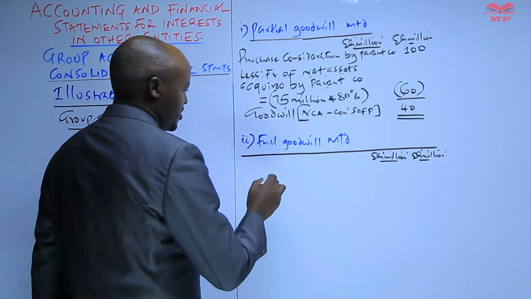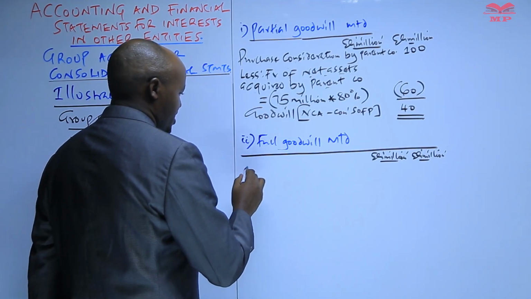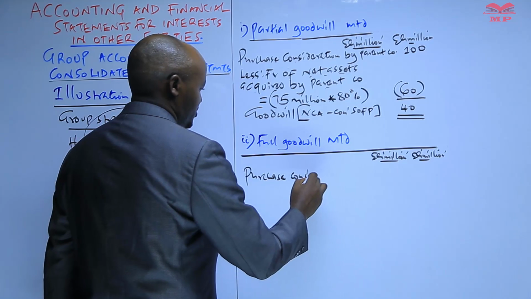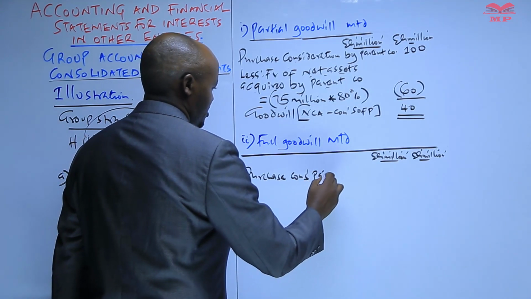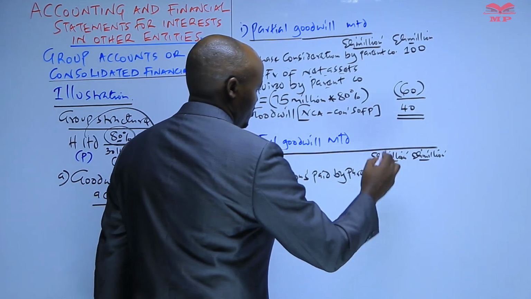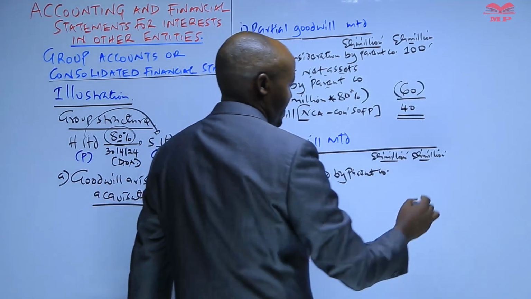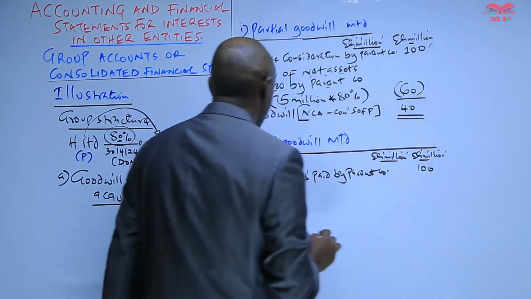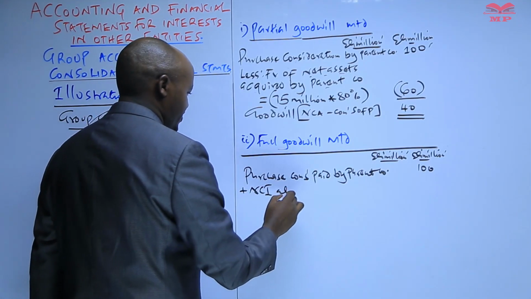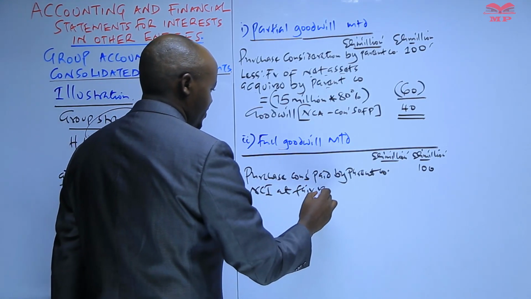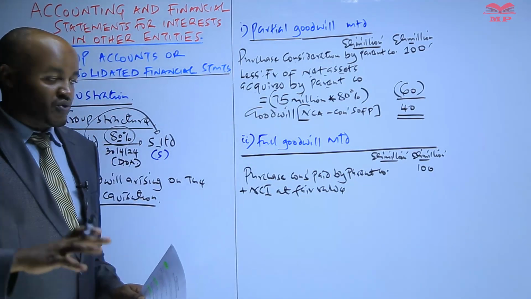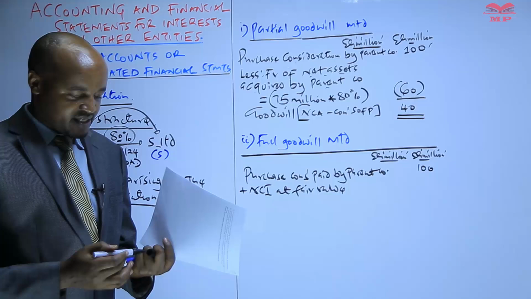So under the full goodwill method, number 1, we start by taking into account the purchase consideration paid by the parent entity, which we already have here, 100 million. And then to this, we add the NCI at fair value. In very simple terms, this is the purchase consideration which was paid by the minority shareholders in acquiring their shares.